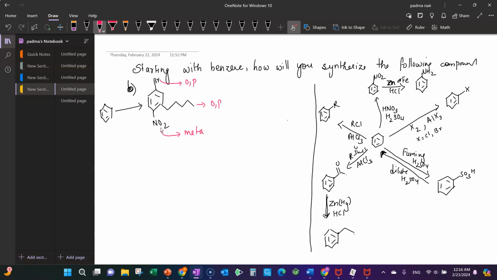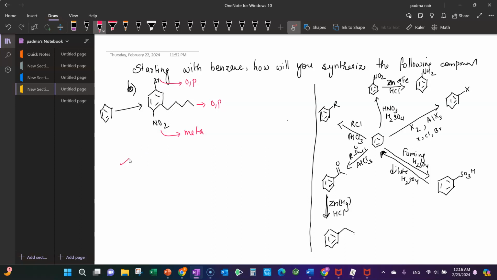If you put NO2 first in there, then it will direct the incoming group to the meta position, and you can see that there is nothing meta to the NO2 group. Okay, so that's why our first step should be somewhere where the ortho and para groups have been placed first.